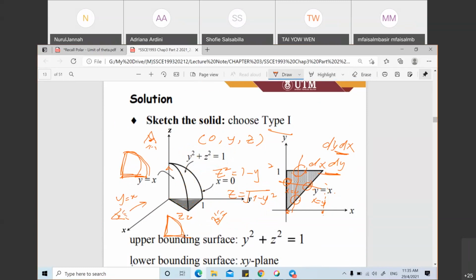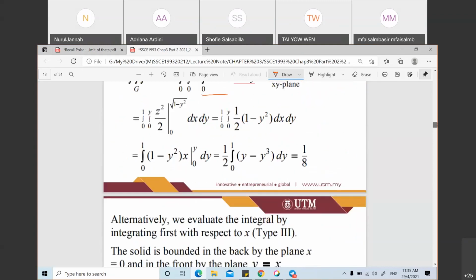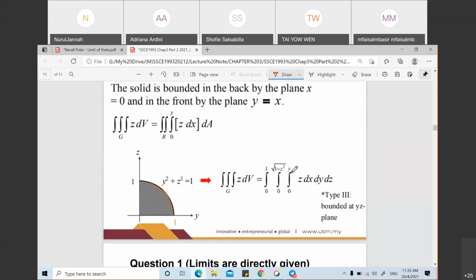You see we have 1 and we have 2. So this part is y equals x, and this part x is 0. So for sure, your x should start from 0 to y. That's why here 0 to y. And then the rest is easy.